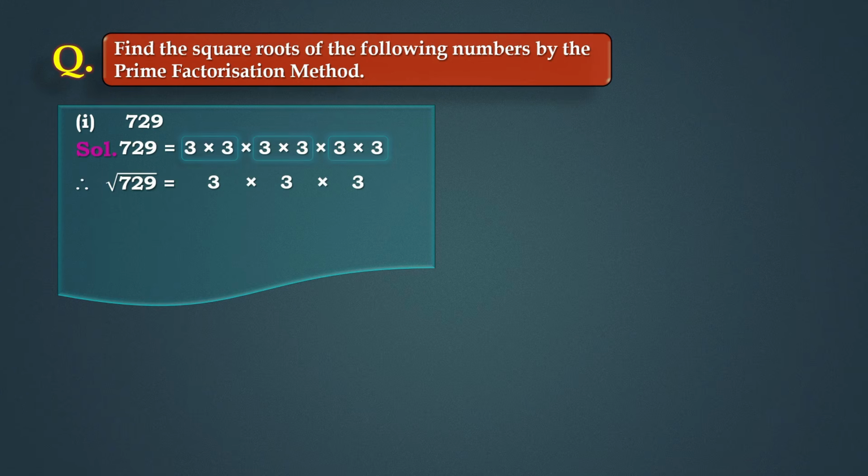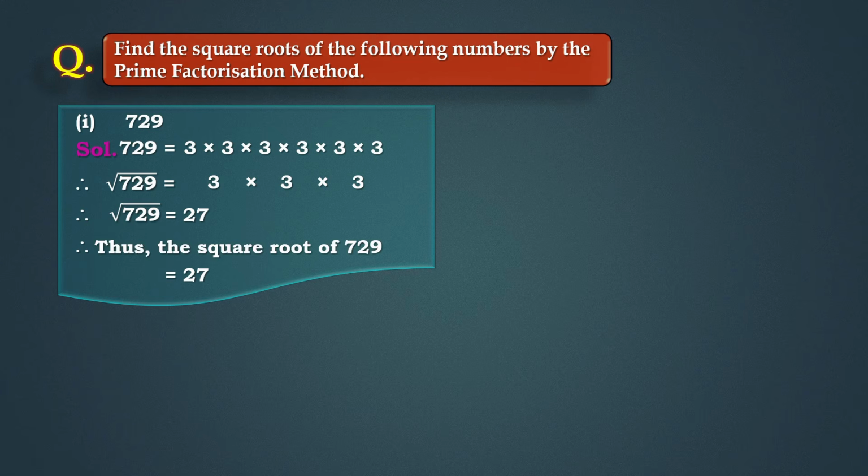So, the square root of 729 is equal to 3 multiplied by 3 multiplied by 3. Finally, multiply them. 3 multiplied by 3 is 9, and 9 multiplied by 3 is 27. Therefore, the square root of 729 is 27. Keep practicing this method to make your understanding stronger and clearer.